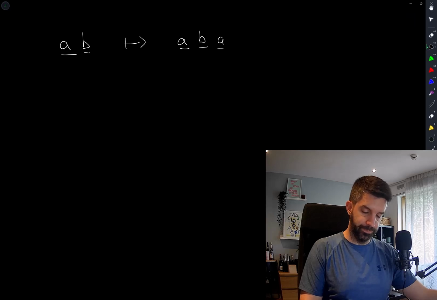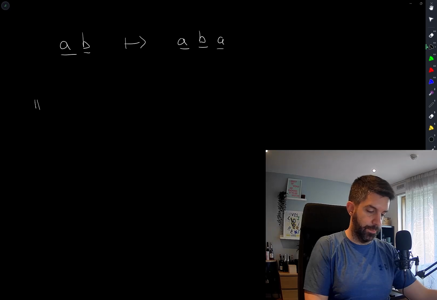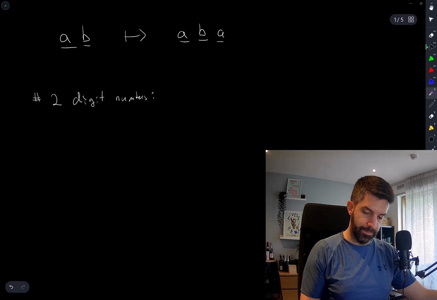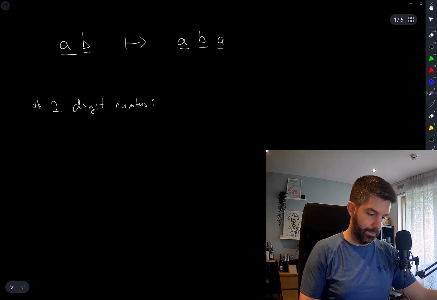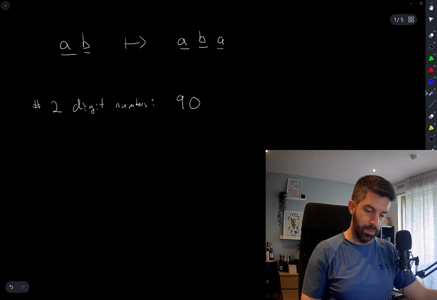So how many 2-digit numbers are there? I can choose any of 9 digits to go there and any of 10 digits to go there. So there are 90 2-digit numbers, which means there are 90 3-digit palindromes.